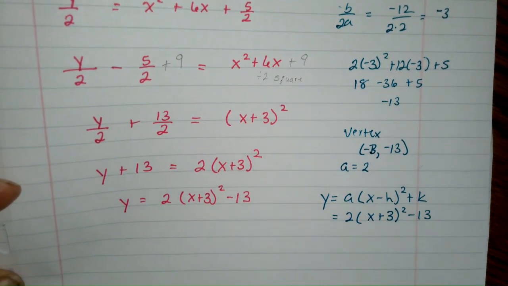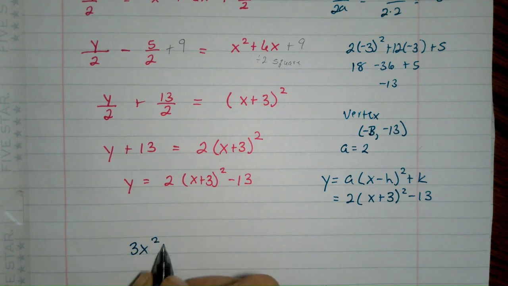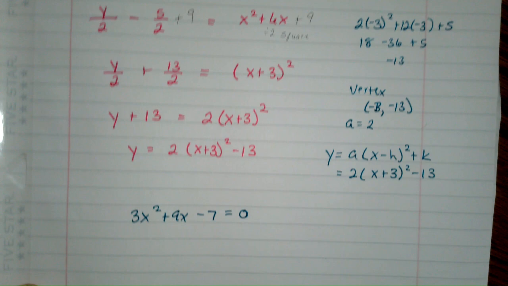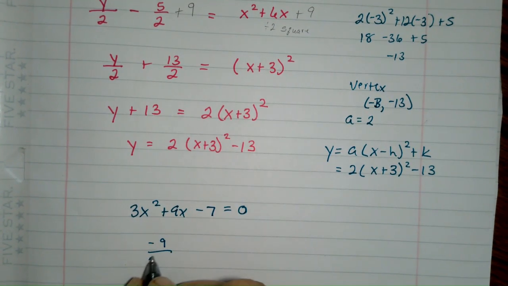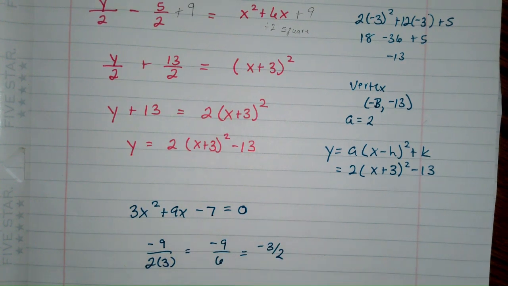So let's say I had done that with my last example. 3x squared plus 9x minus 7 equals 0. Negative 9 over 2 times 3. Negative 9 over 6. Negative 3 over 2.